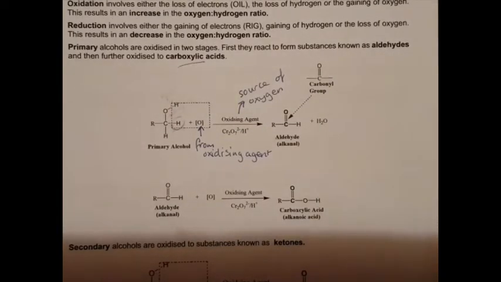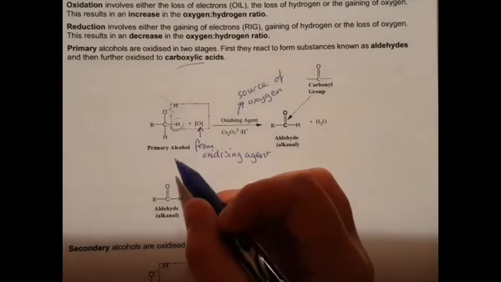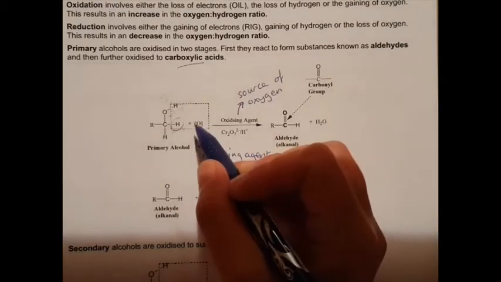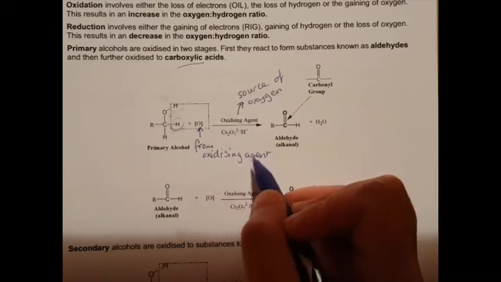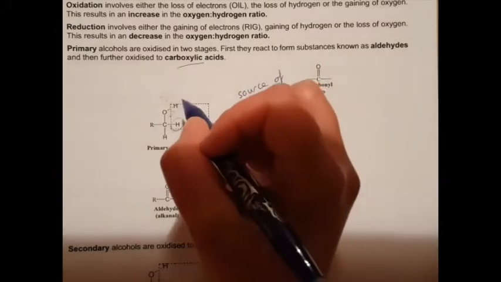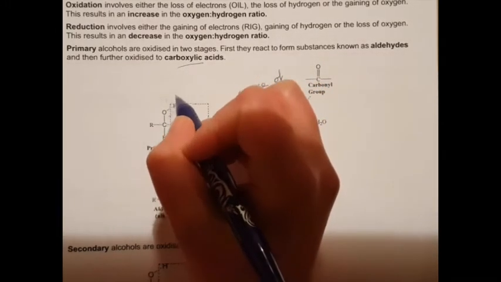Okay, so initially we'll just look at the structures in the notes. So when we have a primary alcohol and it's reacting with the oxygen provided by an oxidizing agent, we've got the hydroxyl group at the top here.